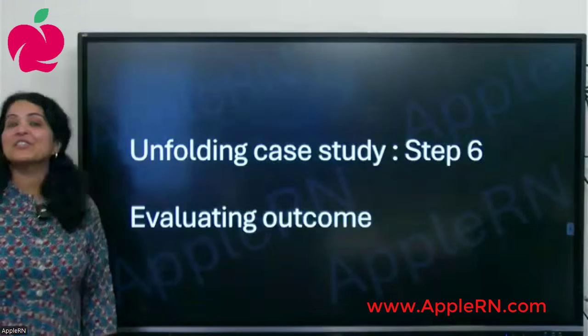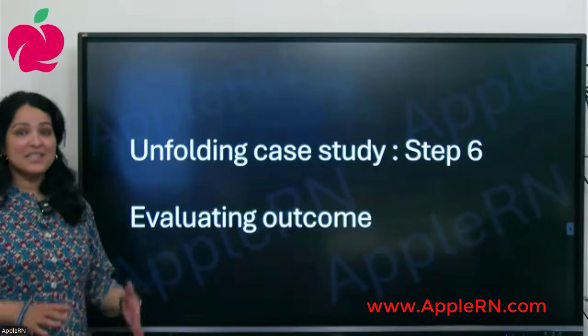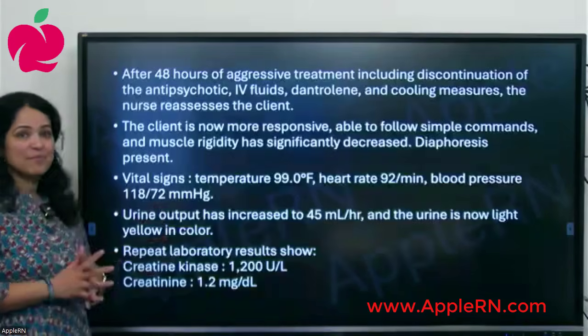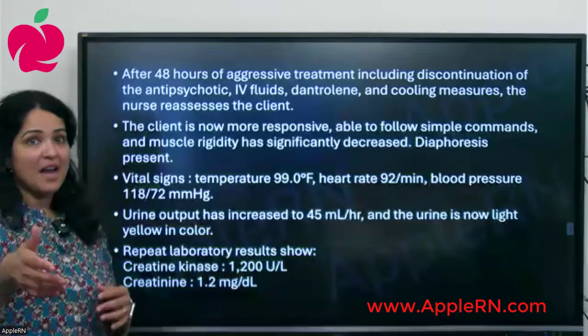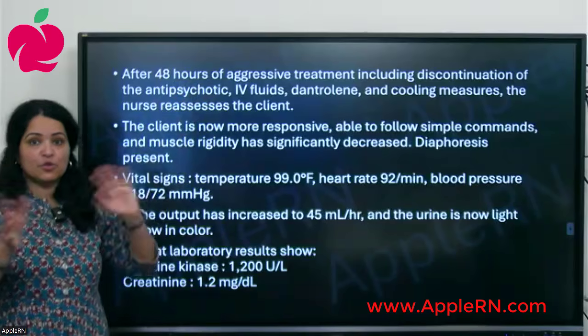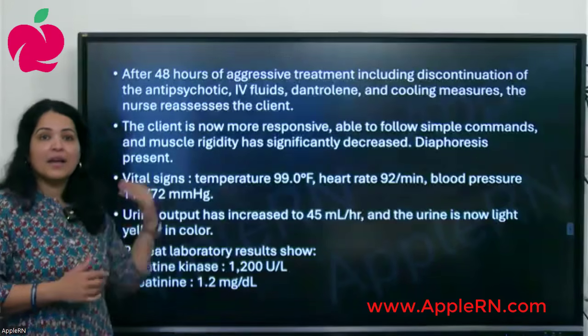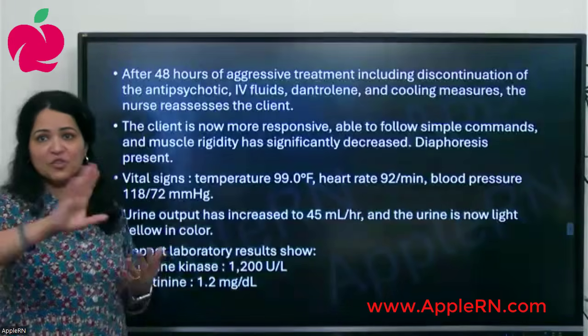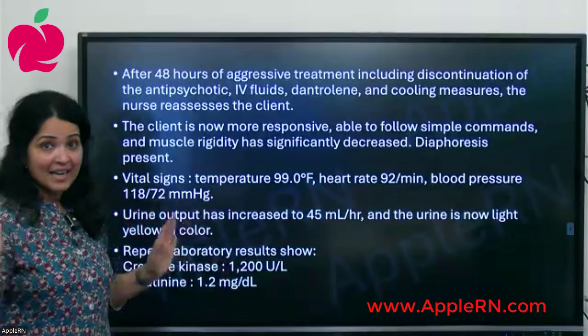We are going into the sixth question, which is about evaluating the outcome. Okay, in that time, we have a little bit more information now. It's been 48 hours. So after this treatment was done, and we discontinued the medicine, we did the IV fluid, we did the muscle relaxant, and everything is done.